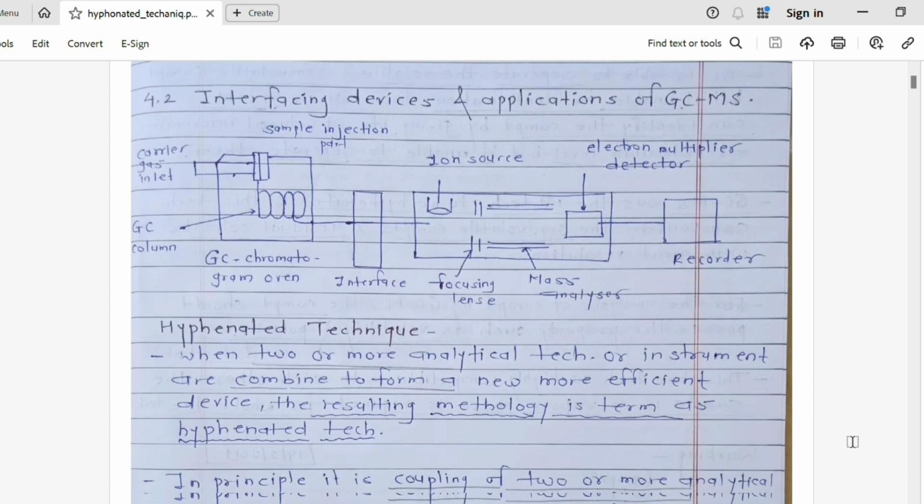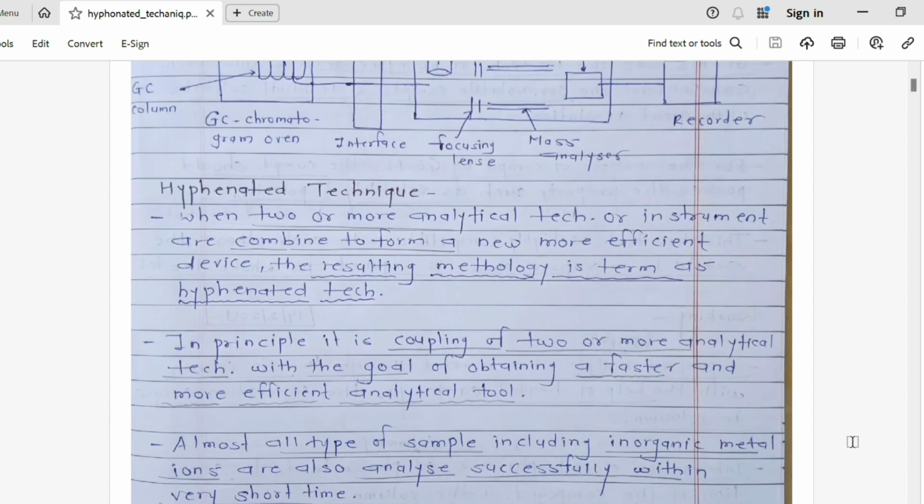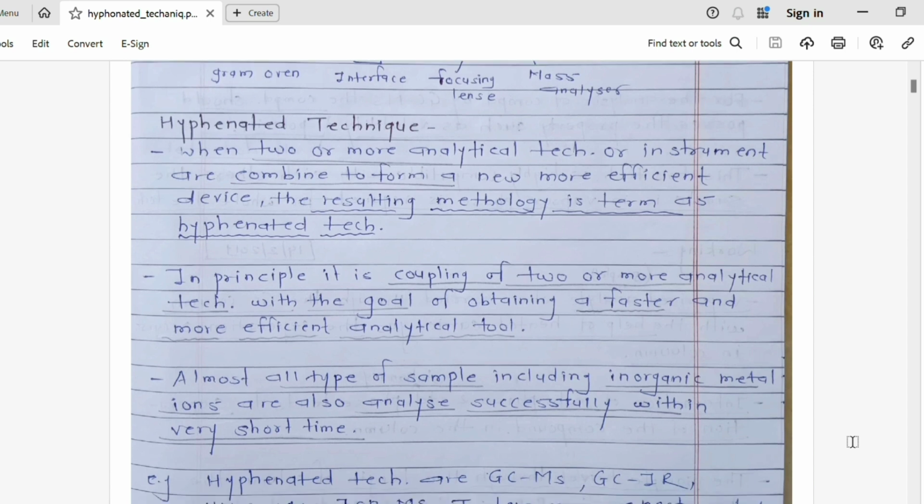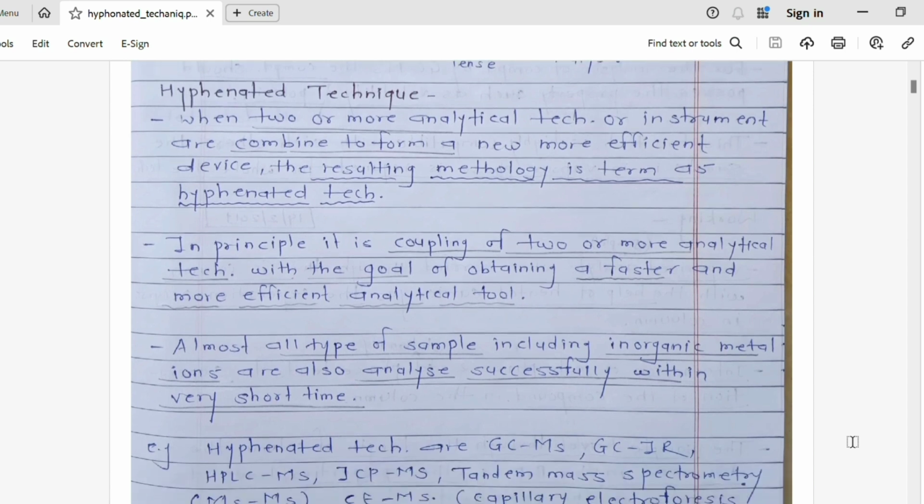Now in this video we are going to see what is meant by hyphenation technique and what types of hyphenation techniques are available. So first, hyphenation techniques are where two or more analytical techniques or instruments are combined to form a new, more efficient device. The resulting methodology is termed hyphenated techniques.